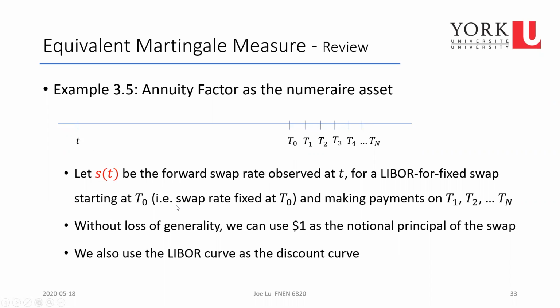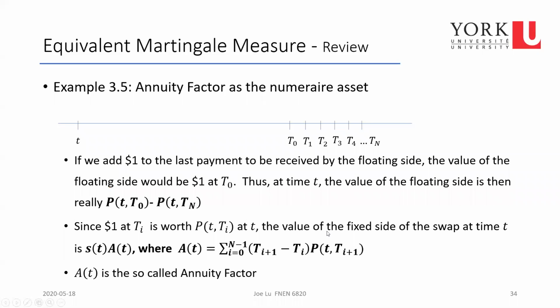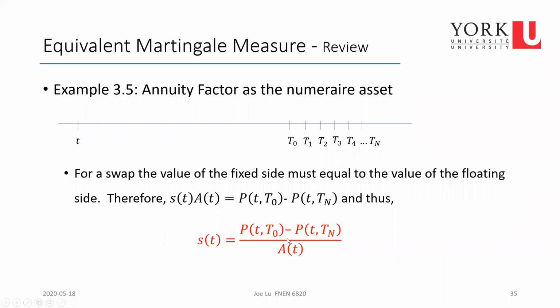For that particular swap, with this forward swap rate, the value on the floating side will be this, and the value on the fixed side is S times A. And we establish a ratio here.